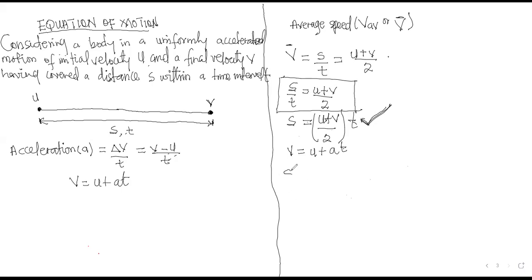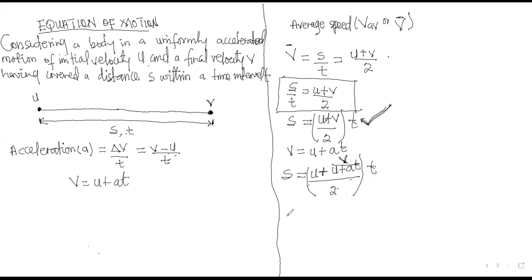So we have S is equal to U plus, wherever I see V, I'm going to substitute U plus AT, so U plus AT all divided by 2 times time. So don't forget this is for V. This is just for V.